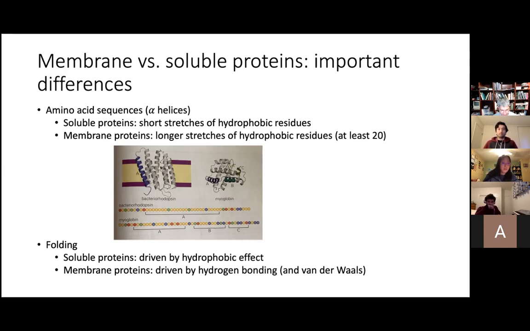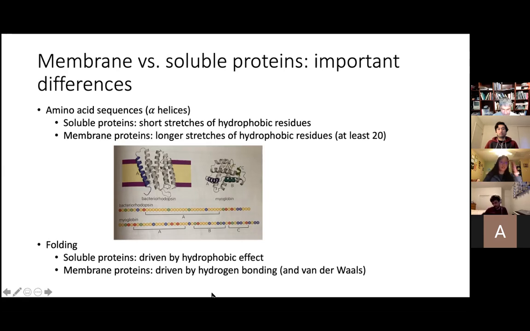Membrane protein folding is driven by hydrogen bonding, with some contributions from van der Waals interactions, but mostly hydrogen bonding. But in soluble proteins, hydrogen bonding is actually weakened because of the competition from water.